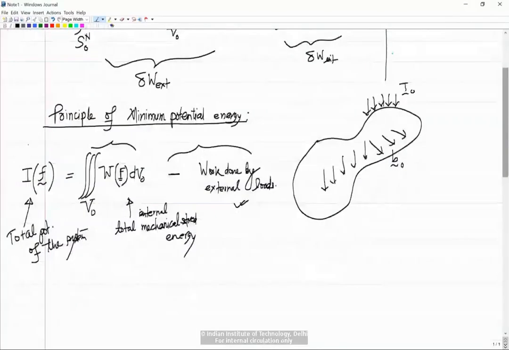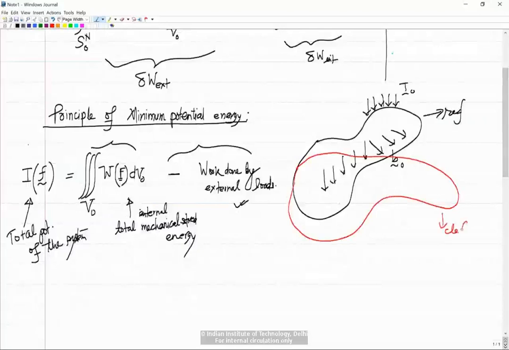Now here comes the difficulty. To get the work done, assume that this is a reference configuration, and maybe it deforms like this, and that's a deformed configuration. As the body undergoes this deformation, we figured out last time that T naught and B naught can also change, isn't it?